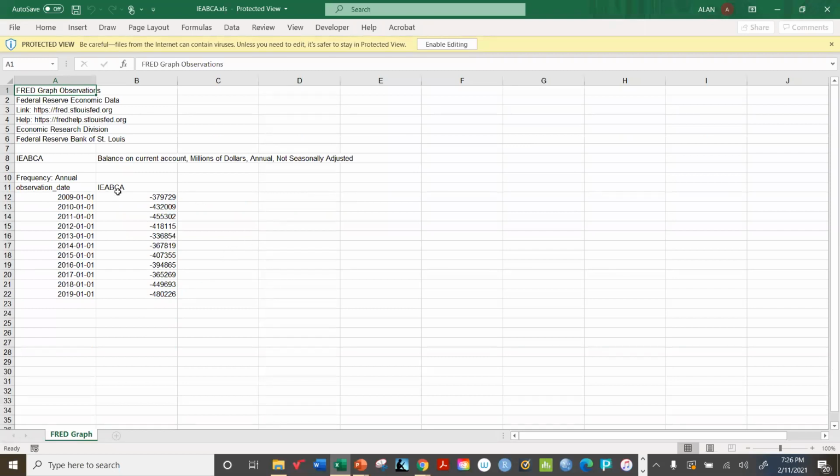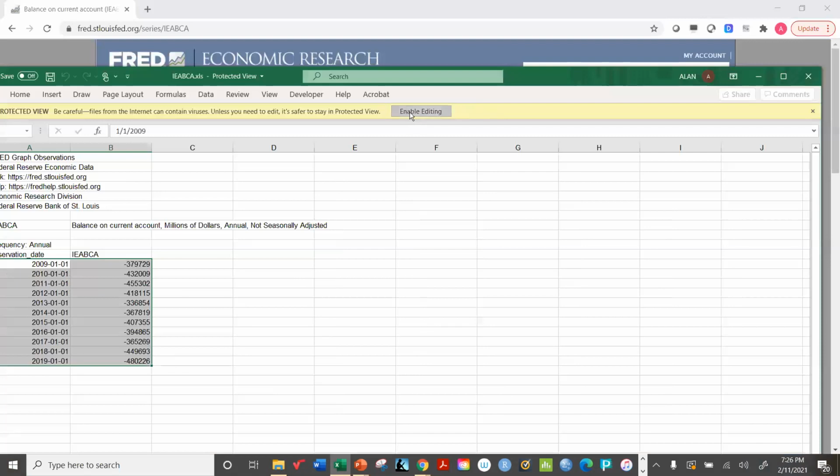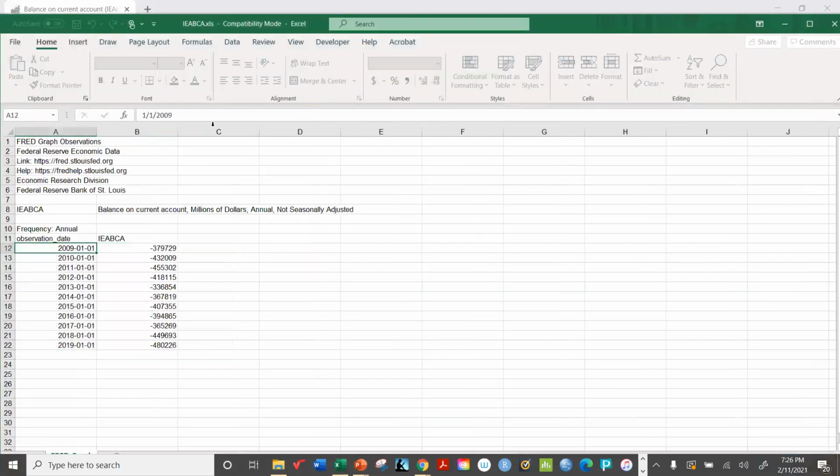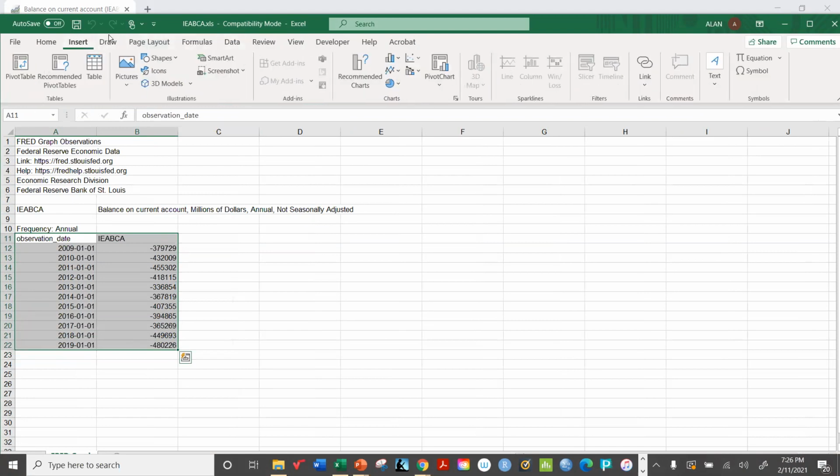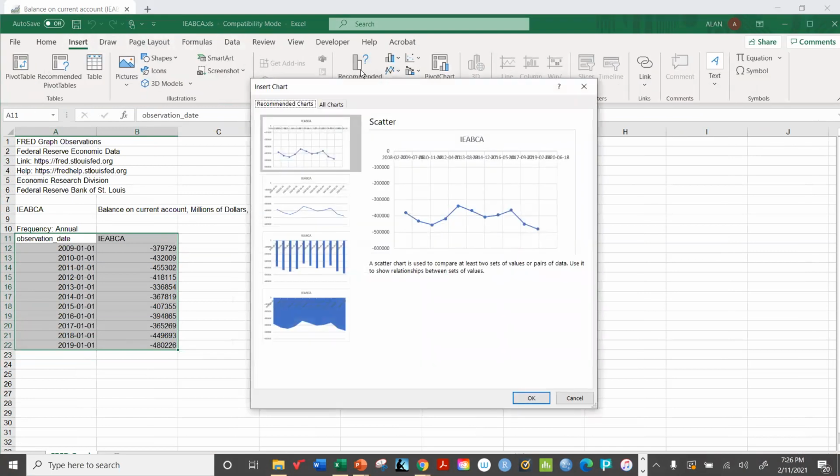Okay, it only goes back 10 years, unfortunately. All right, let's make our own graph. All right, let's see what kind of graph we can create here. I guess that'll do.